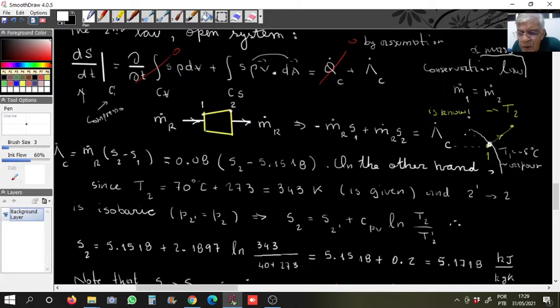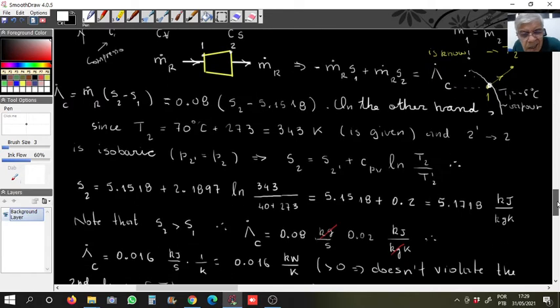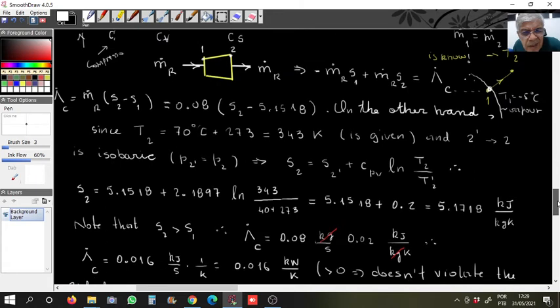Now, what I will do is quite easy, because you can see here. Now I don't have S2, because this is superheated vapor. You remember, this is superheated vapor.